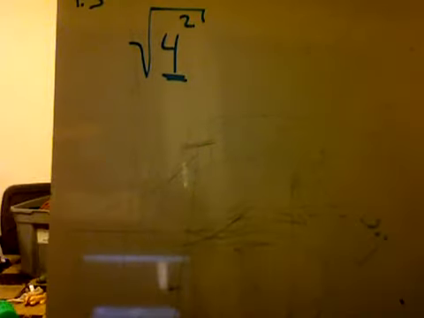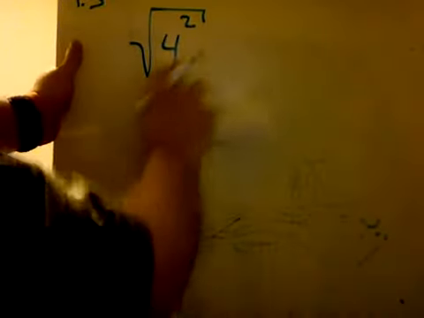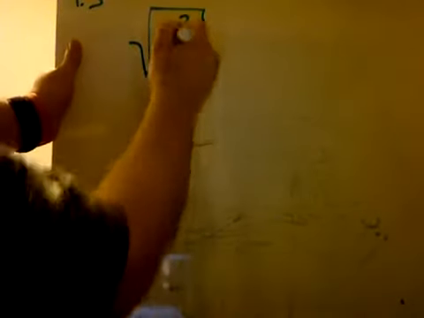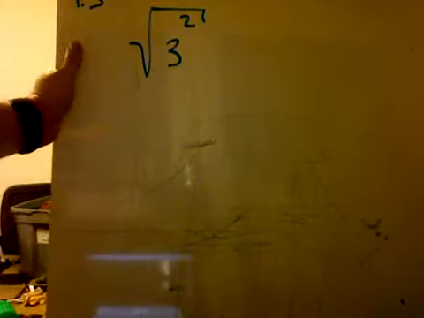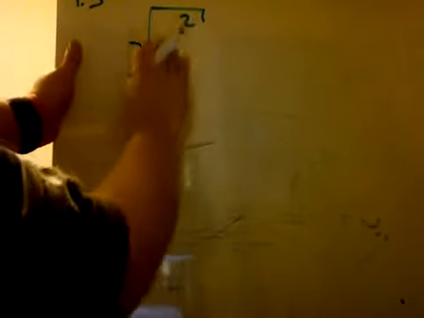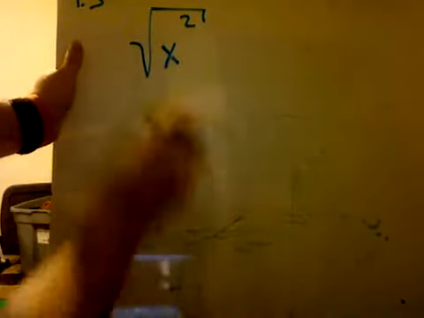So if we take the square root of that, we are just ending up with whatever number we're starting out with. Okay? So, same is true if this is a 3, right? 3 squared, and then take the square root of that, end up with a 3. Okay? Take a 9 squared, take the square root of that, we end up with a 9. Take an x squared, take the square root of that, we end up with an x.